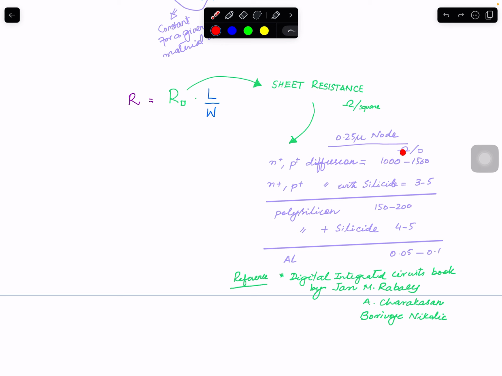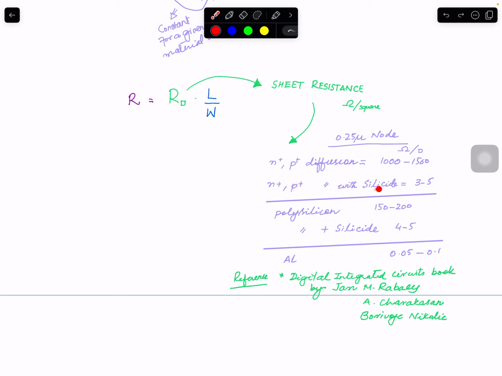Diffusion sheet resistance, for a similar kind of dimension, is 1000 to 1500. So it's not a good material to make long routes. It will have a lot of resistance. But what you have also seen, I gave some examples previously where silicides were put, those black things put on top of the polysilicon and the diffusion area.